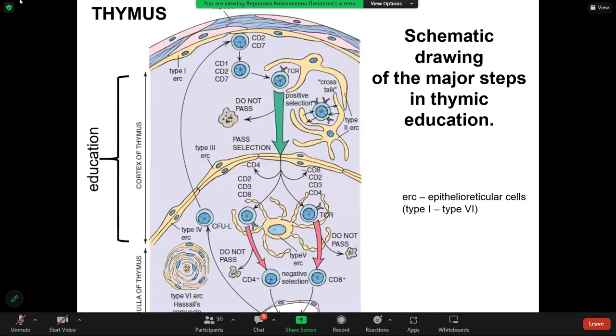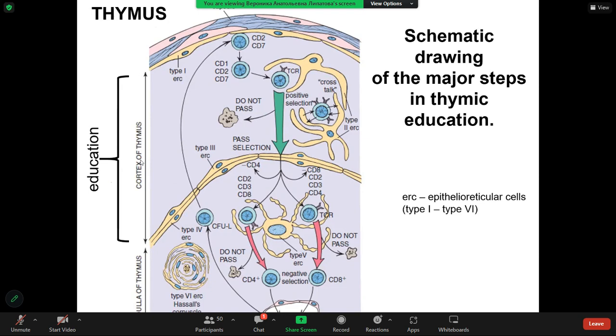This is a scheme of the structure of thymus and different kinds of epithelial reticular cell. First of all, the capsule, and we can see the first type of epithelial reticular cell. And this is here type 4 and type 3 of epithelial reticular cell.